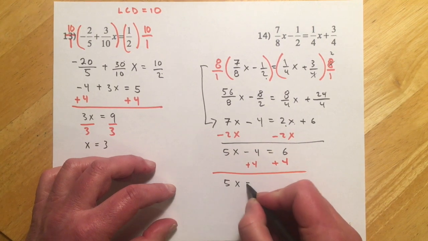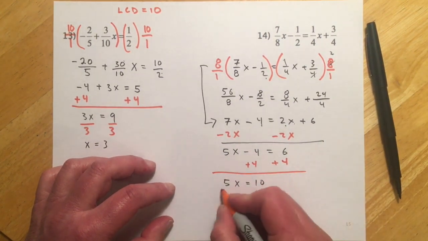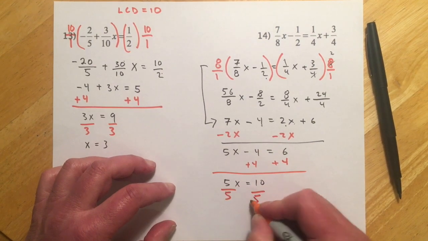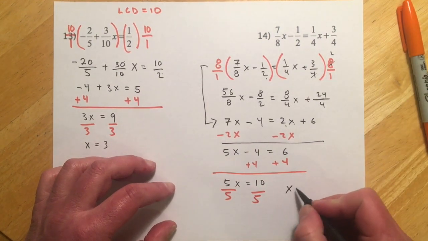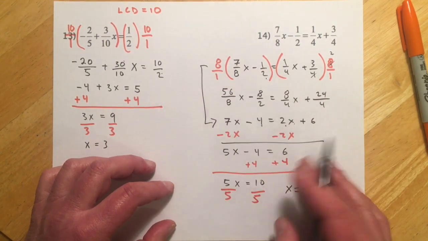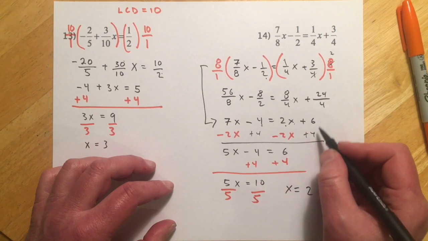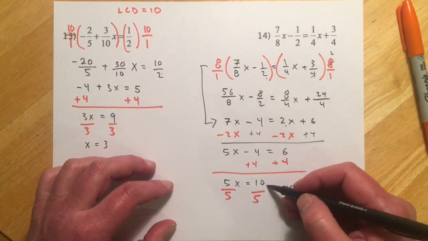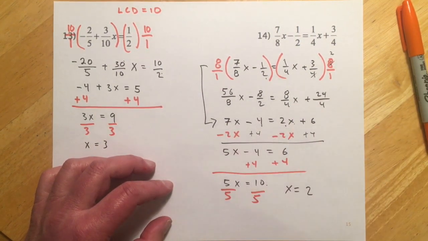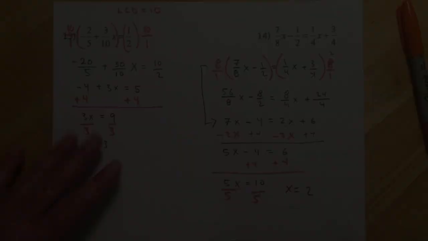And we got 5x equals 10. And then divide out the 5. And x equals 2. And so I'm doing these all just kind of one step at a time. Again, if you become more comfortable, you can just go plus 4 right here, and then you're at 5x equals 10. I'm showing multiple steps just because people are just learning this for the first time maybe.